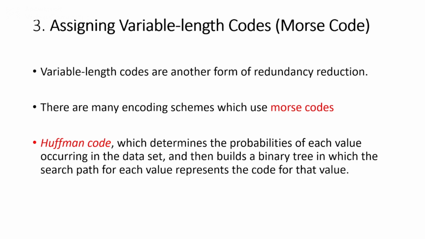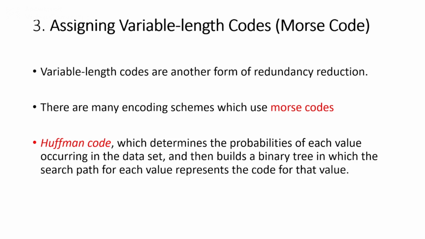One of those encoding schemes is Huffman code. Huffman code determines the probabilities of each value occurring in a data set. Then it builds a binary tree in which the search path for each value represents the code for that value.